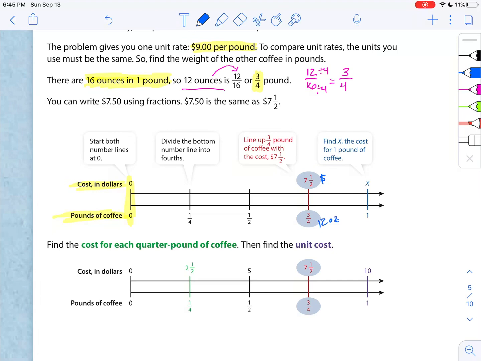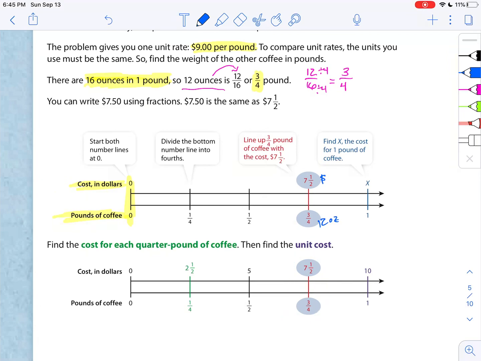Find the cost of each 1/4 pound of coffee and then find your unit cost. So now what we're going to do is fill in our number line. If you notice, our $7.50 and 3/4 of a pound are still lined up.